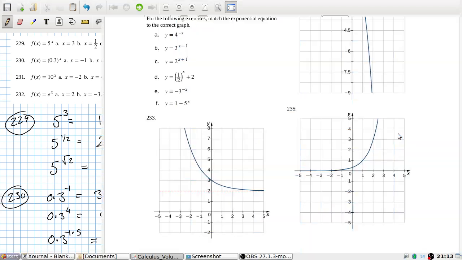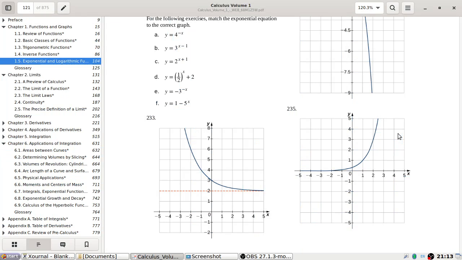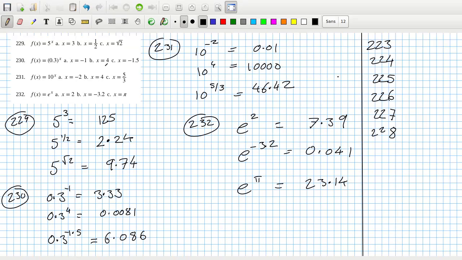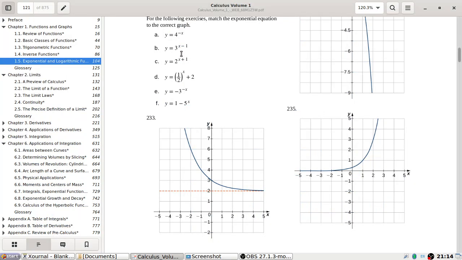Okay, now let's have a look here. So this first one is leveling out at 2, so that makes it look like D. We'll go with D for the moment, unless another candidate jumps out.